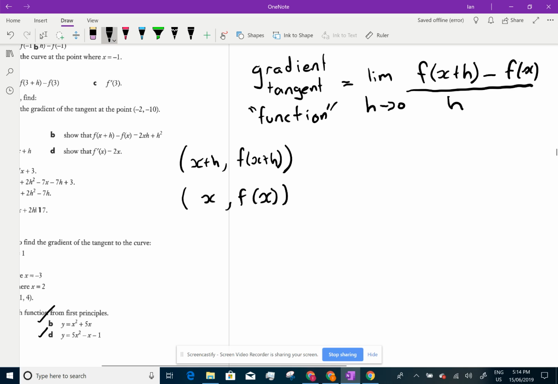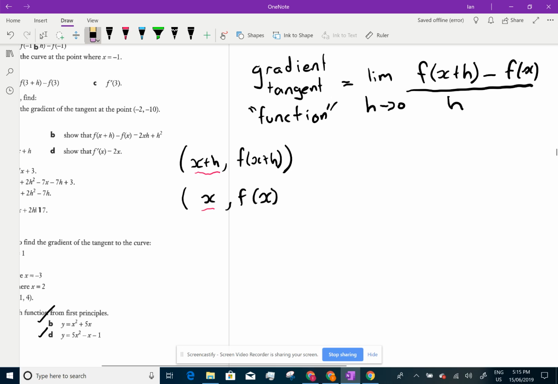Now, when we subtract the x values, x plus h and x, on the bottom line, we're left with h. And on the top, we've got f of x plus h minus f of x. Can you see it? We're subtracting these two, and there they are on the top. And to find the gradient of the tangent, we're going to find the limit as h gets very, very small. So that's what we're doing.